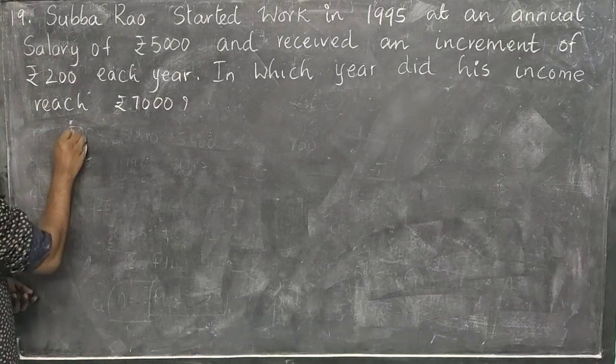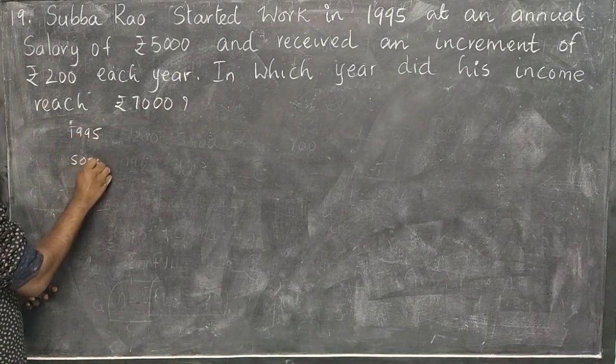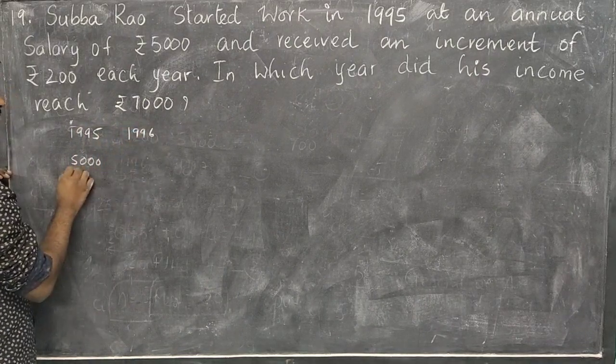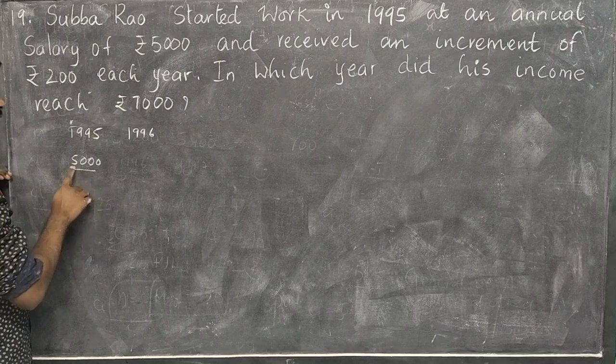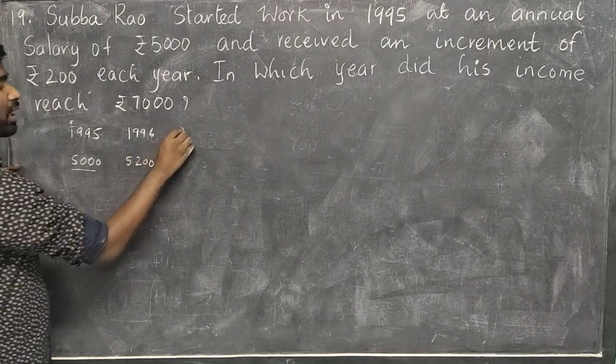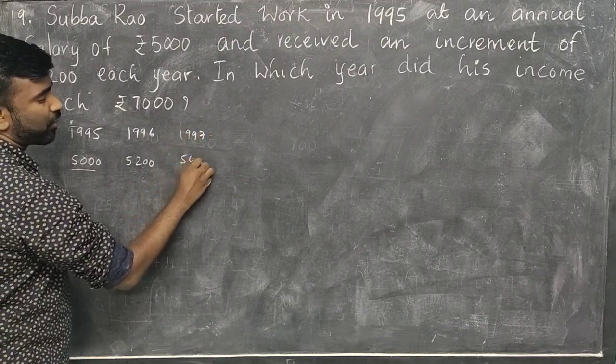Students, in the year 1995, Subbarao's salary is 5,000. For the next year, 1996, he will get an increment of 200, that is 5,000 plus 200, that is 5,200. In the year 1997, his income would have been 5,400.